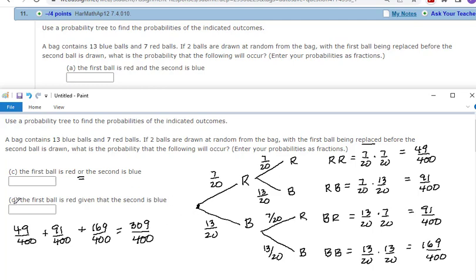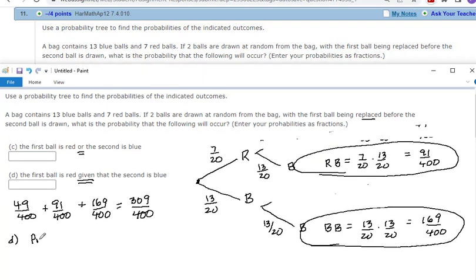Okay, now the second question, that the first ball is red given that the second ball is blue. So given that the second ball is blue means we have to take our sample space and throw out everything except where the second ball is blue. That's this one and this one. And now the probability of red given blue on the second. It's the number of ways, the number of successes, of the total outcomes.